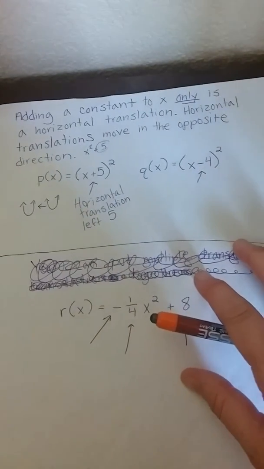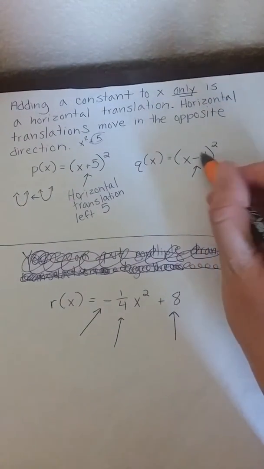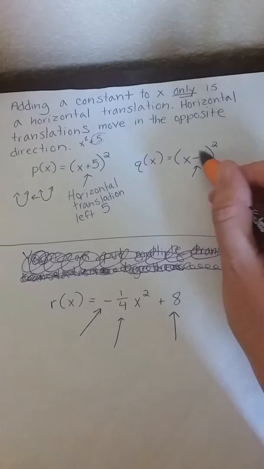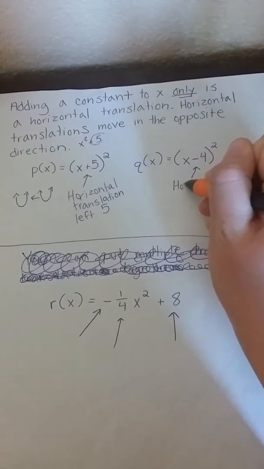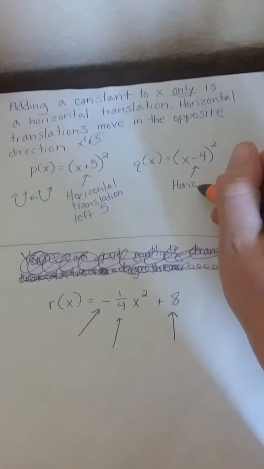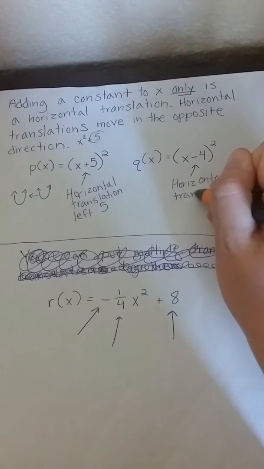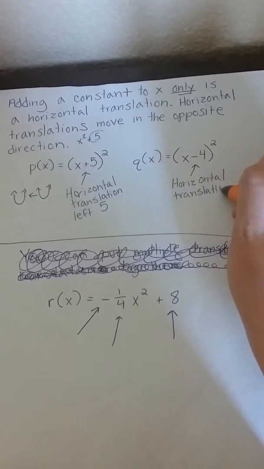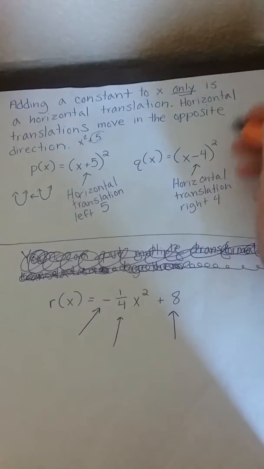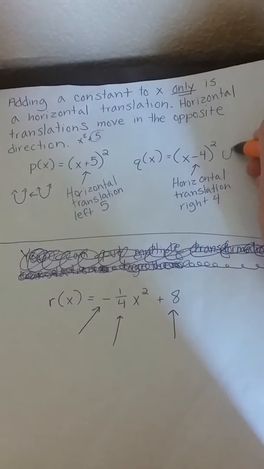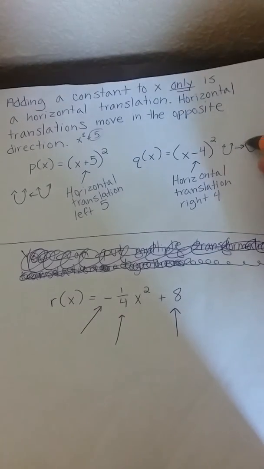Over here, we again have a horizontal translation because it's inside the parentheses with the x, so it's only happening to x. So this is a horizontal translation right 4. So again, our shape just kind of looks like this, and it moves to the right 4 units.